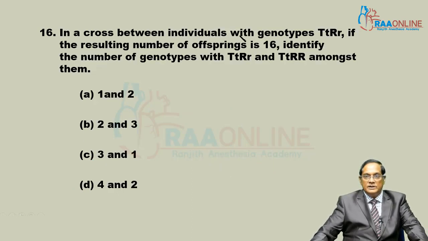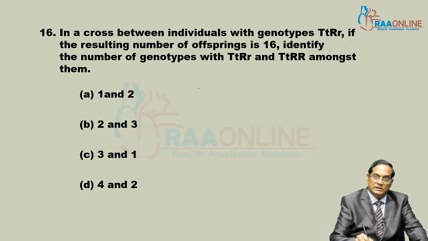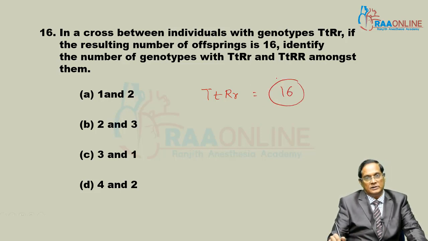In a cross between individuals where the genotype of the plant is already given, this plant is dihybrid. Yes, 16 offspring are obtained in the F2 generation.